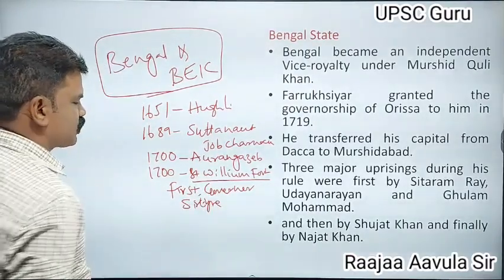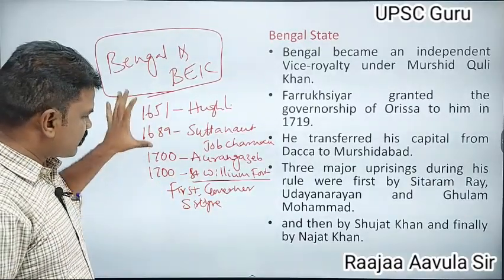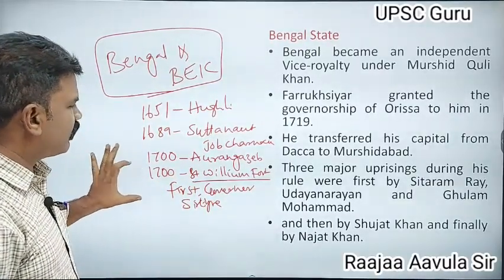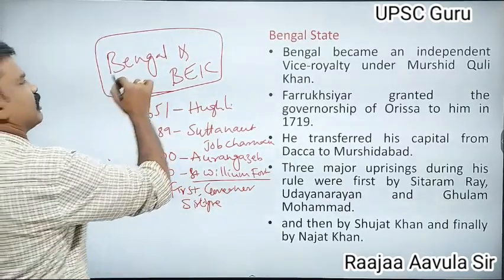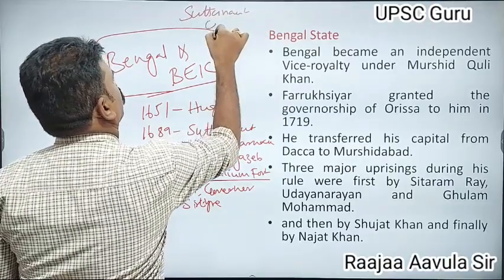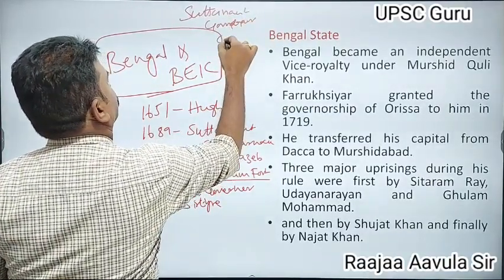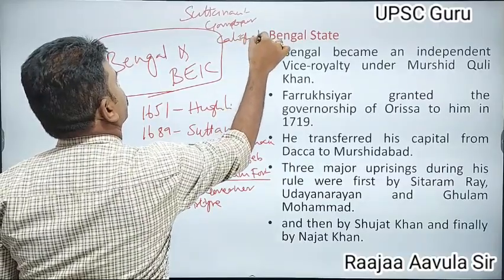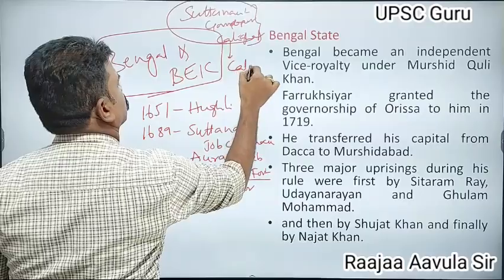So by 1700 they completed Calcutta: Suttanati, Govindapur and Kalighat, these three areas combined were constructed as Calcutta by Job Charnock.